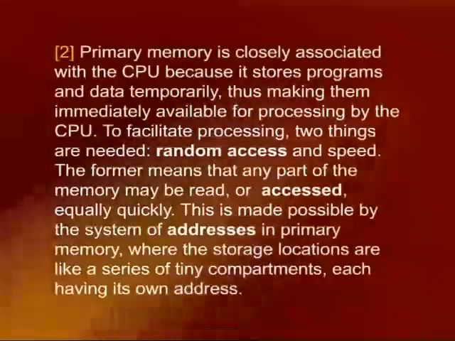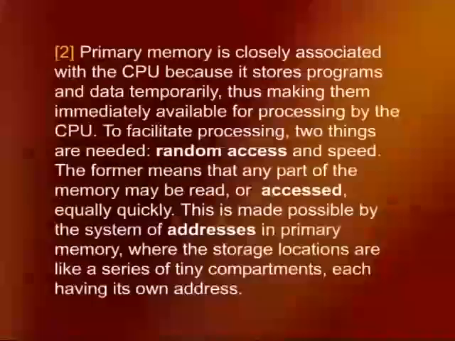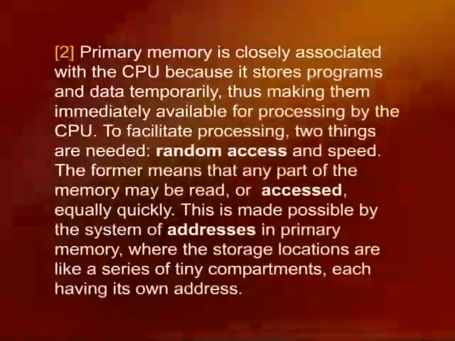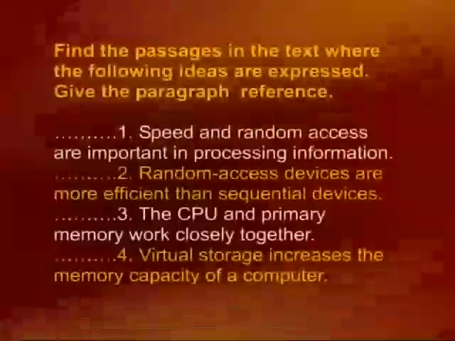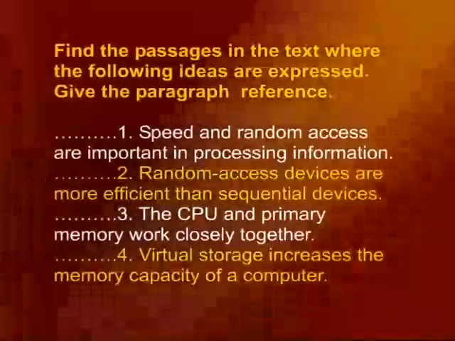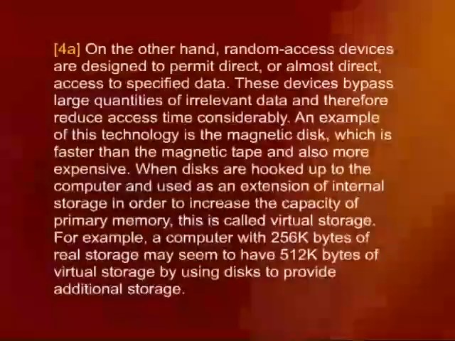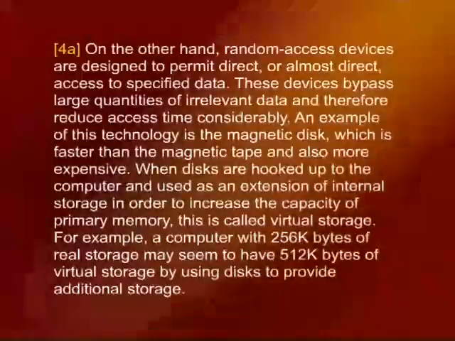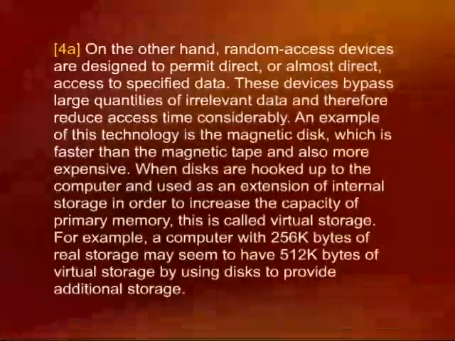If you scan, it's very early in the text, it's paragraph 2. Number 2, random access devices are more efficient than sequential devices. This information you will find in paragraph 4.